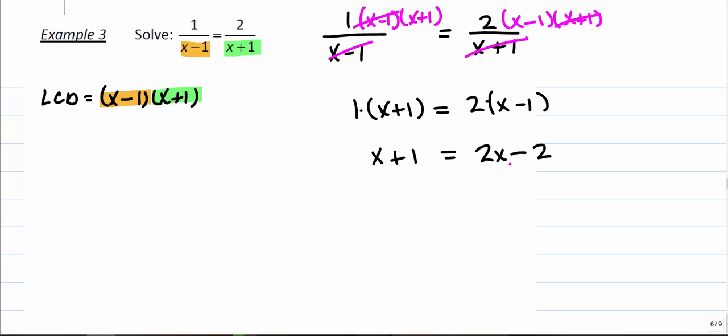So in order to solve this, what I would do first is subtract x from both sides. And then I would be left with 1 equals x minus 2.